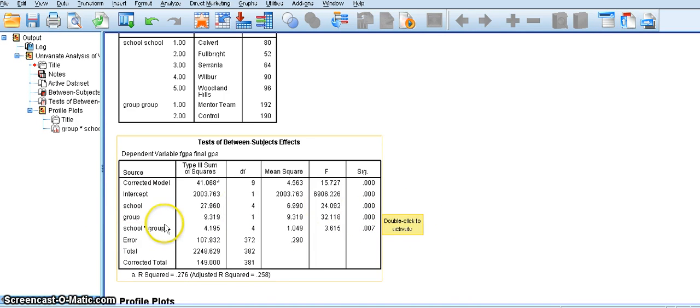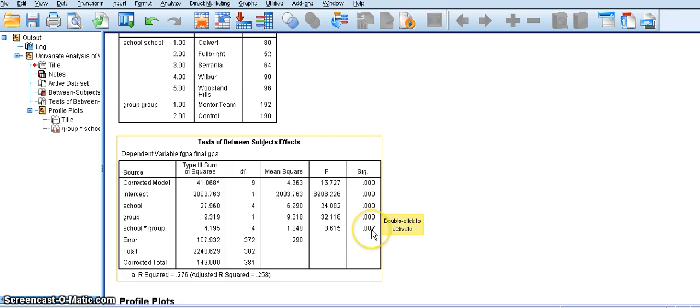So whenever we're doing a two-way ANOVA, we're also gonna have two main effects, one for each of the factors, and we also are gonna talk about interaction, which is the interaction between those two factors. So here's our interaction term, the multiplication of school by group, and here are the main effects, the main effect of group and the main effect of school. And across we can see if our main effects are significant and if our interaction is significant.